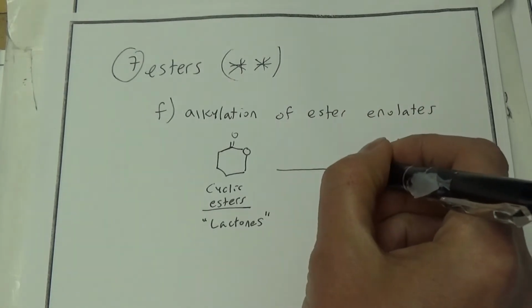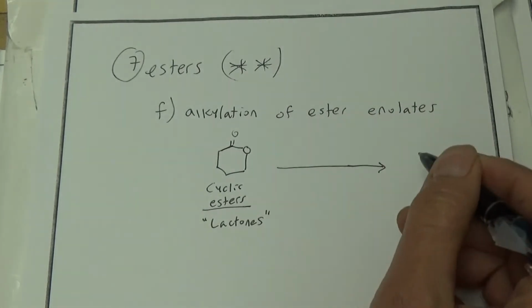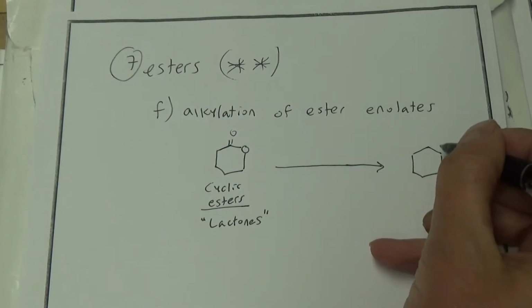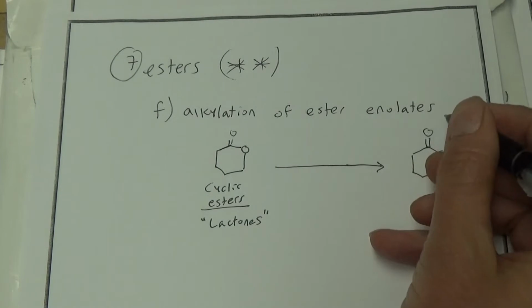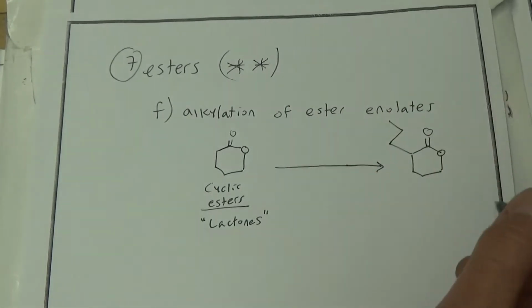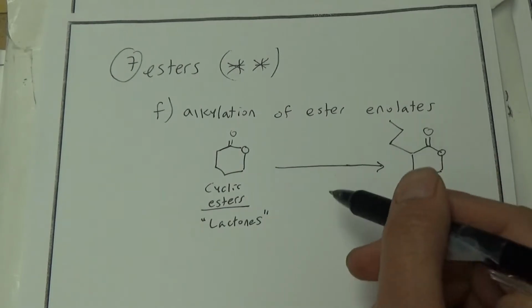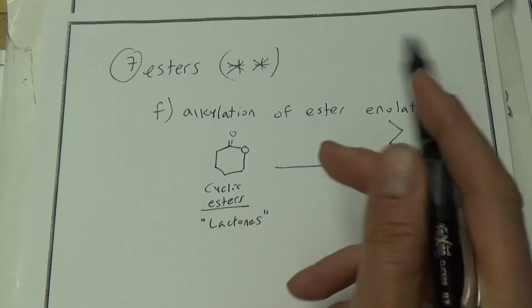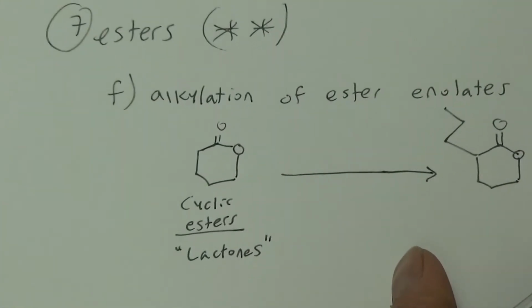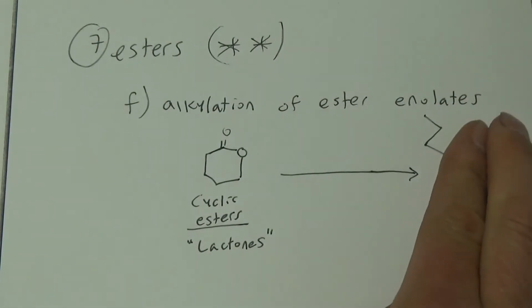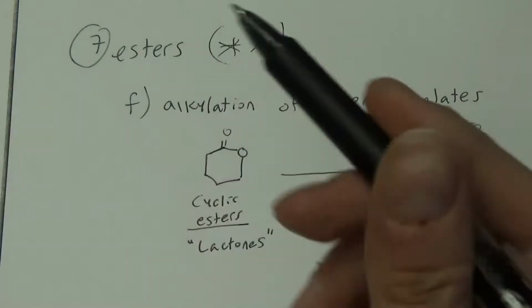If we take this ester and we want to attach something at the alpha position, like a propyl group or something, how can we do that? Well, rip off the proton on the alpha position, make it a nice nucleophile, and then attack propyl with a leaving group, right? Usually it's something primary, so like propyl bromide, 1-bromopropane.